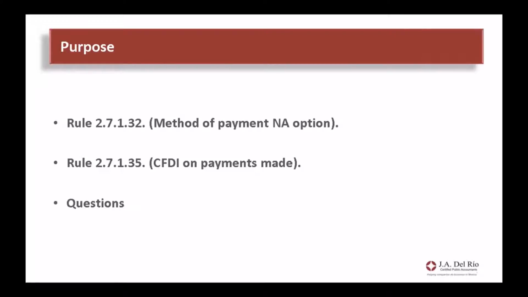At first, it was mandatory for a group of taxpayers, and then in 2012, it was mandatory for all of the taxpayers that carry out transactions. So since 2010, we are seeing this trend to go everything in electronic. In 2010, we have electronic invoicing, which is the XML file that we currently know, and is also the CFDI that we are going to be talking about through this webinar.